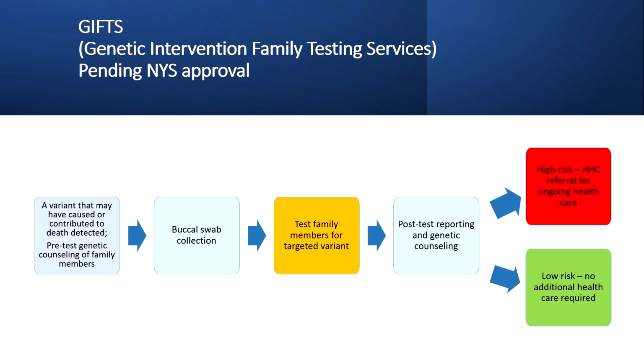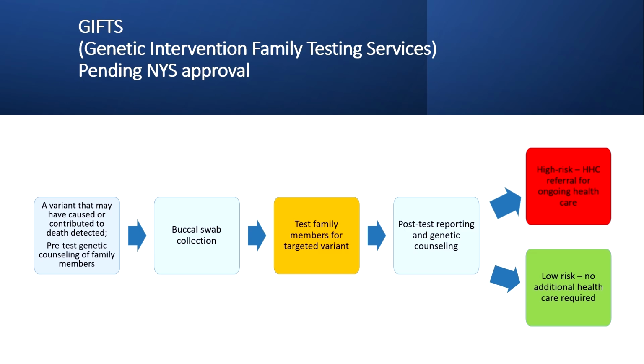For the family members, through genetic counseling and informed consent, we would like to collect buccal swabs from the blood-related family members and test whether they also carry the same pathogenic variants and are at risk of developing the same condition. Testing positive family members will be referred to a New York City Health and Hospitals clinic, and those who test negative will not require additional care related to the cause of death of their loved ones.